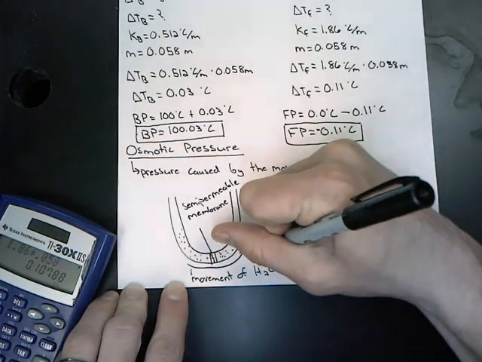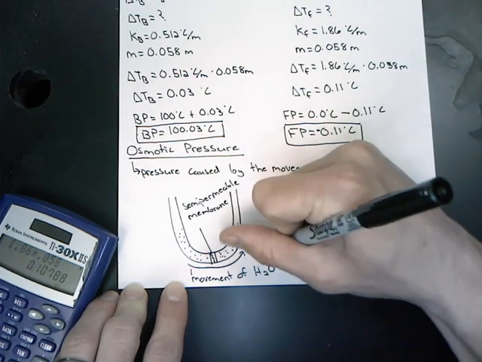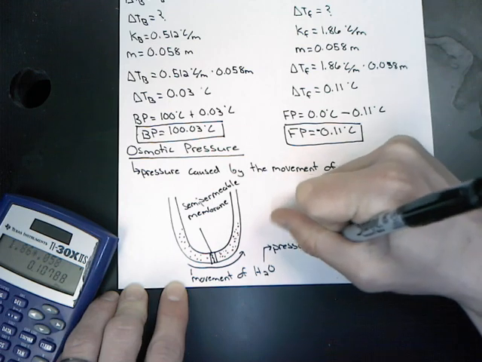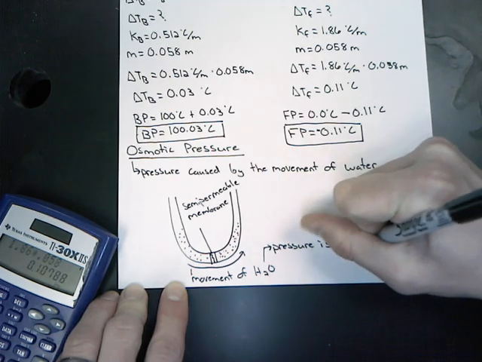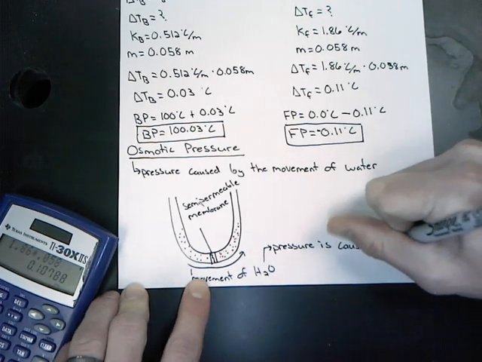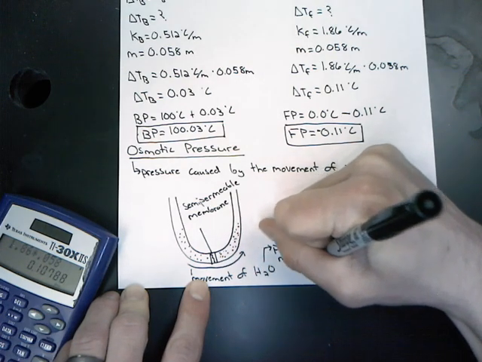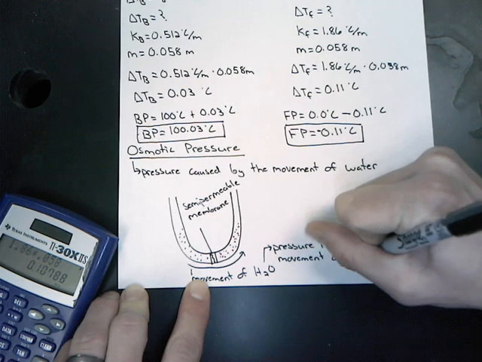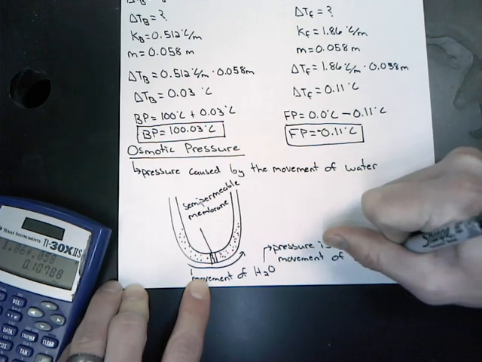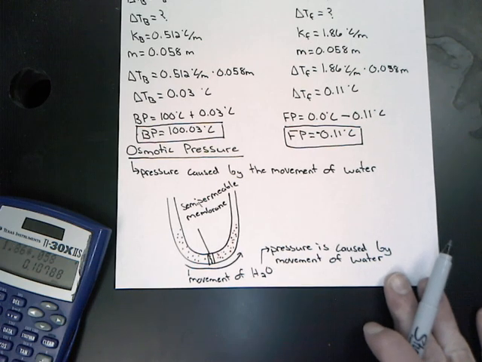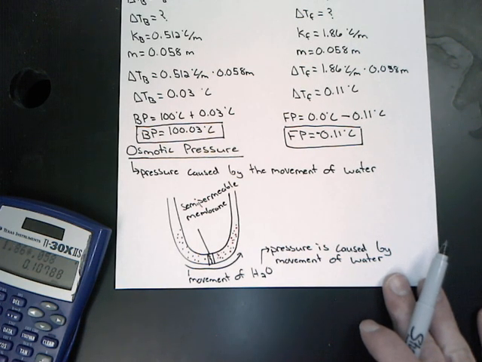I'm going to put one more note here and then we'll be done. So that water that's moving causes that osmotic pressure. All right, that concludes everything in section 15.3.